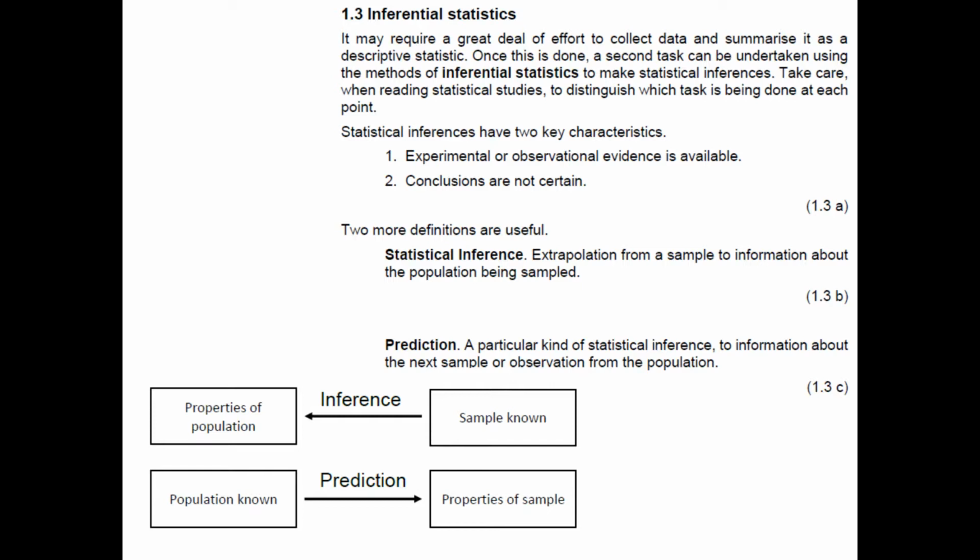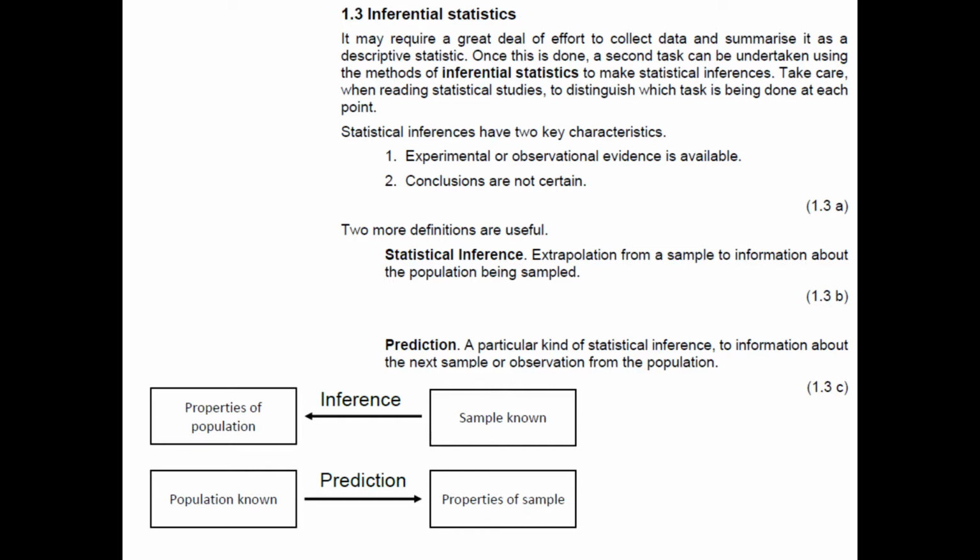Statistical inferences, for example, does a particular drug improve the health outcome of the patients given this drug, have two key characteristics. Number one, experimental or observational evidence is available for us to reach our conclusion, but feature two, the conclusions are not certain in general.